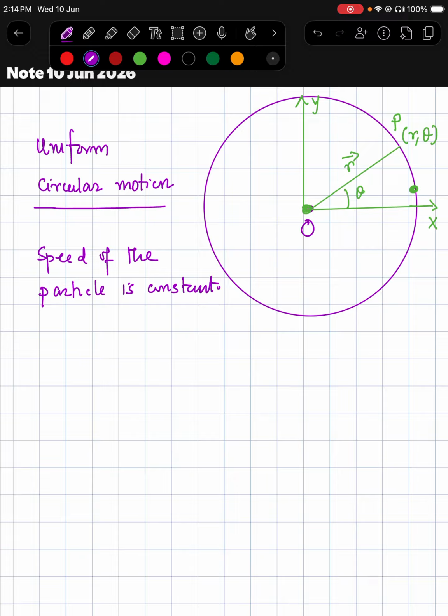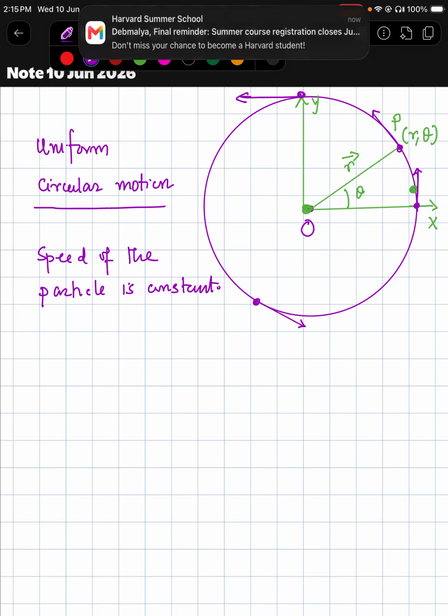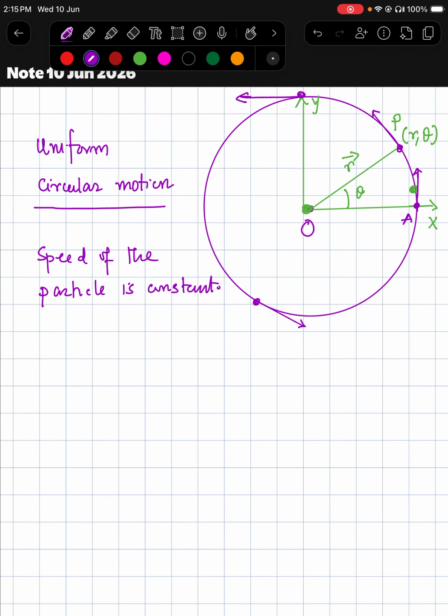Speed of the particle is constant, but the velocity is changing. How do you know the velocity is changing? Because if I draw the tangent at every point on the circle, this is the velocity, which is changing. You can easily see that at every point, say A, B, C, the direction of the velocity is changing, but its magnitude, which is actually the speed, remains constant.